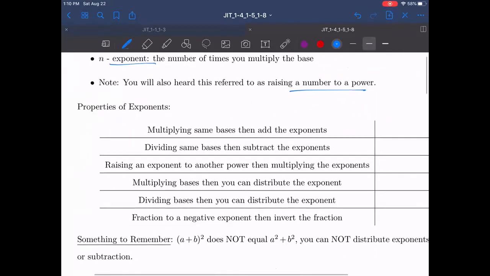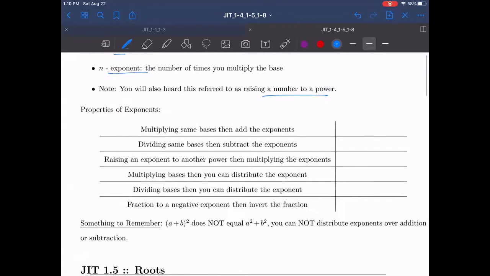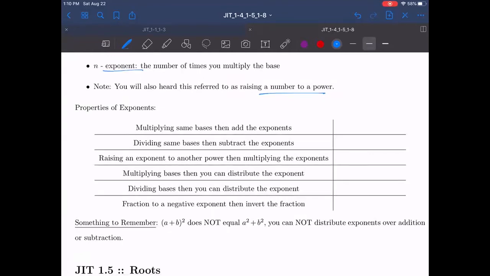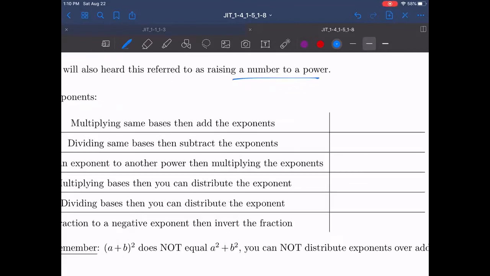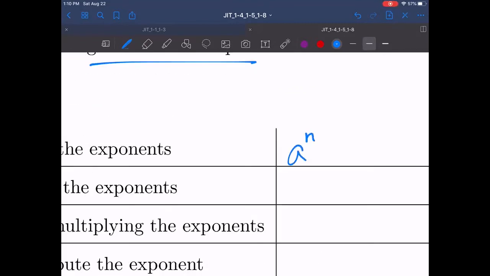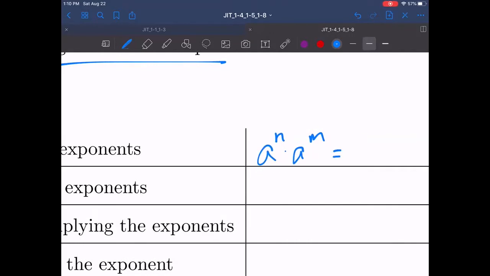All right, so some properties of exponents. If you're multiplying exponents with the same bases, then you can add the exponents. So for example, if I've got a to the n times a to the m, I have the same bases, both a's, so I'll add my exponents, so it's the same as a to the n plus m.